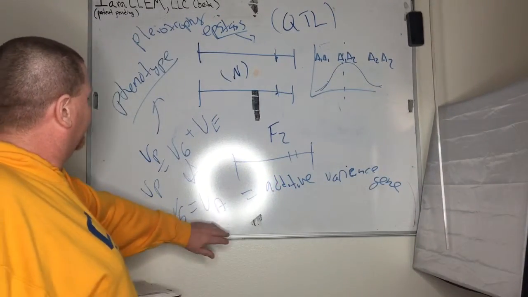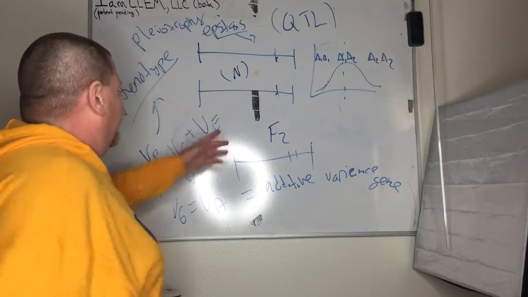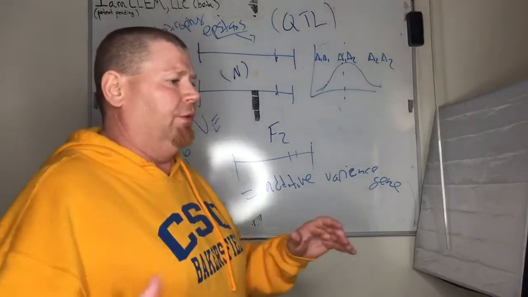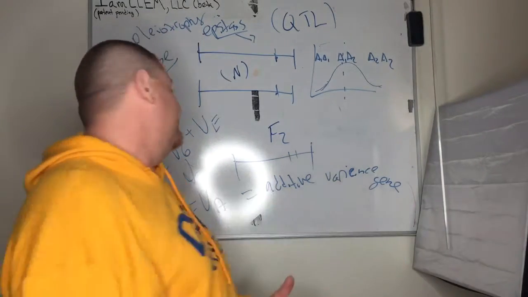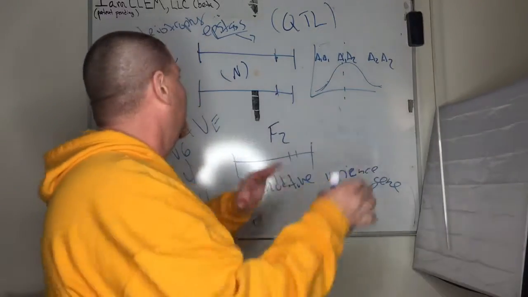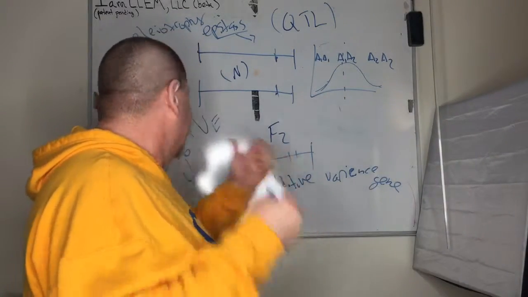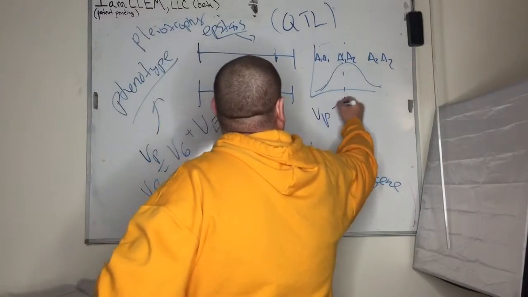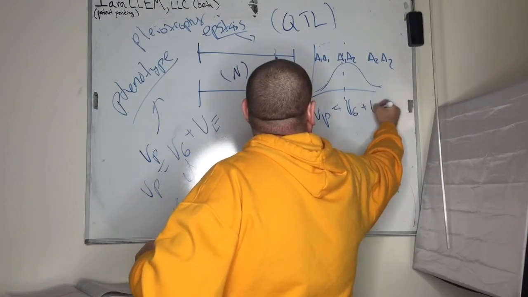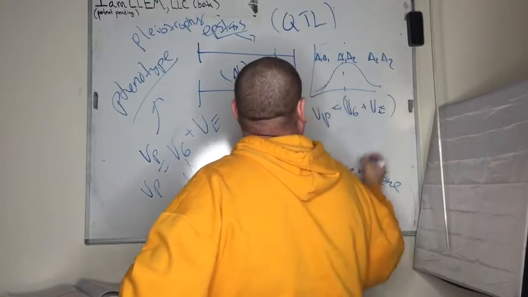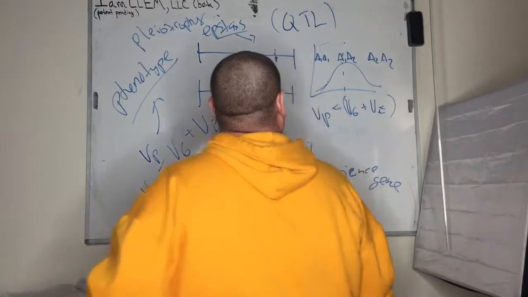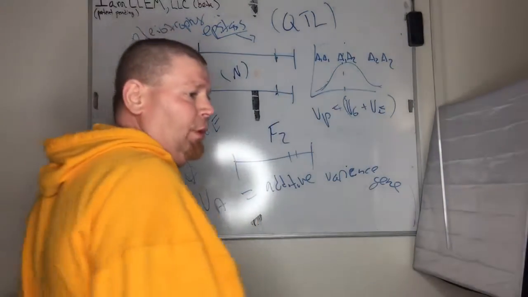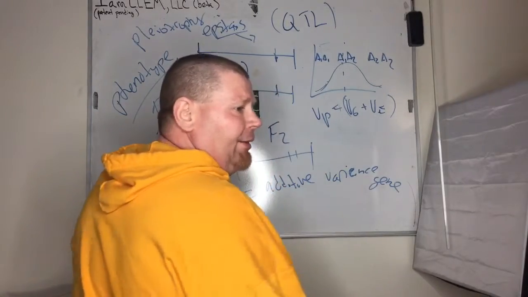Because now we're going to use VA in a series of equations that show kind of its influence, right? But we already know that VP equals VG plus VE, right? But one that they've got to is actually the heritability of it.